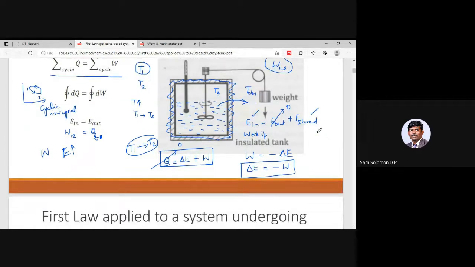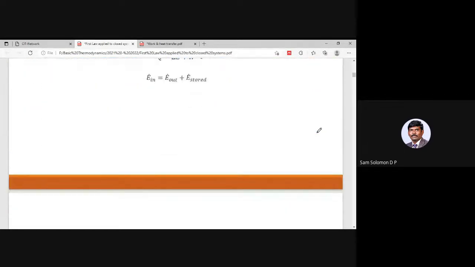So if it is a cycle, summation of Q is equal to summation of W, and the summation is for a cycle. If it is a process, then Q equal to delta E plus W. And what is this E?